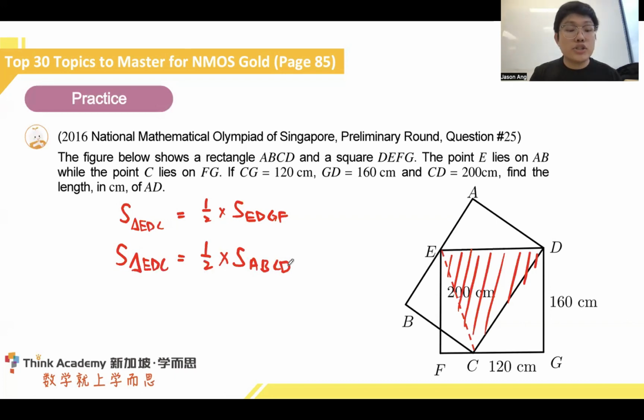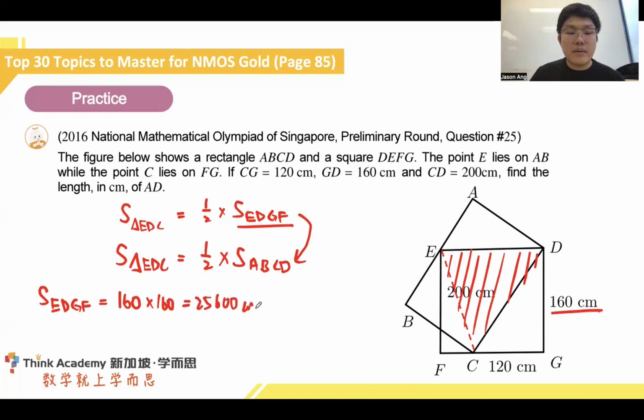Now that we know that your triangle EDC is half of your ABCD, all you need to do is figure out how we can relate this section with the section below. Now, from here, let us observe your EDGF. Do we have the area? We do, because your square EDGF equals 160 times 160, giving us 25600 cm squared.